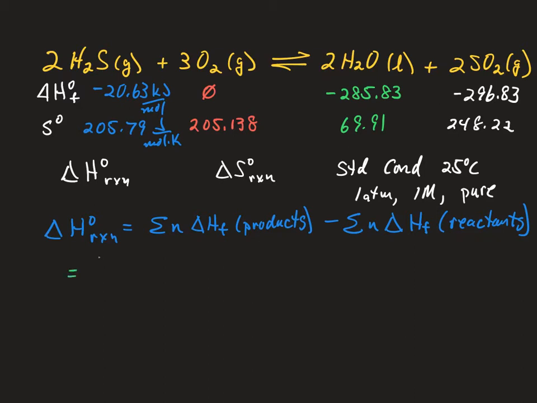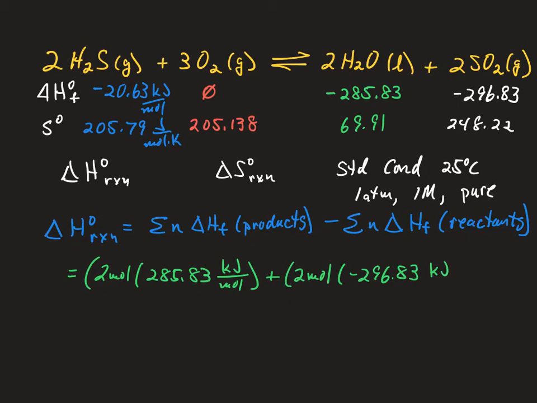And so that's going to equal, and I'm going to give myself a little more room, if we go products, 2 moles times negative 285.83 kilojoules per mole, that's the water, plus 2 moles times the negative 296.83 kilojoules per mole.